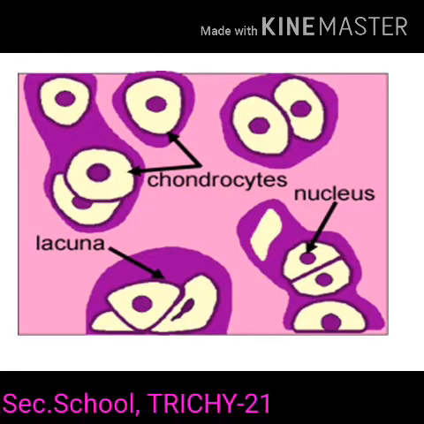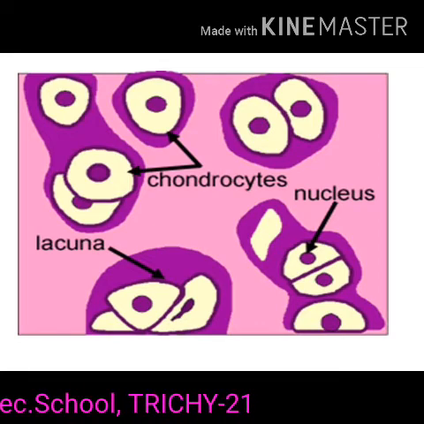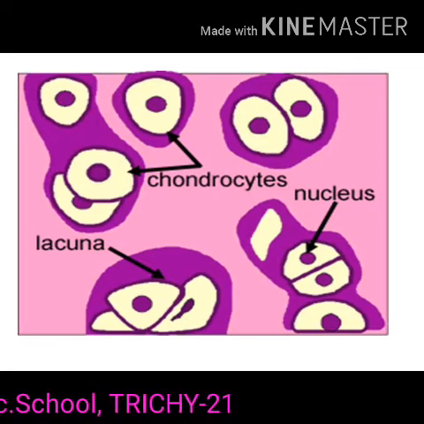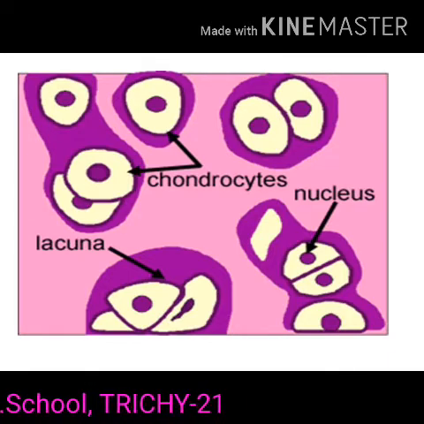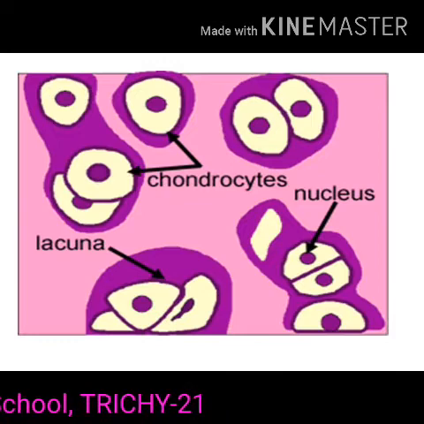Adipose tissue. Adipose tissue is the aggregation of fat cells or adipocytes, spherical or oval in shape. It serves as fat reservoirs.